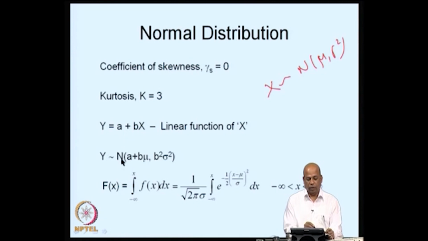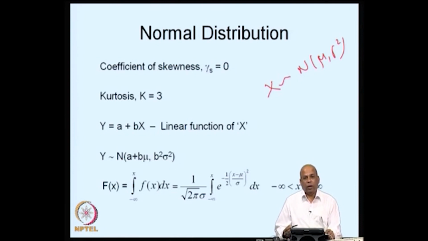It can be shown very easily that y is also normally distributed with the parameters a plus b mu and b square sigma square. That means, the mean of the random variable y will be a plus b mu and the variance of the random variable y will be b square sigma square.